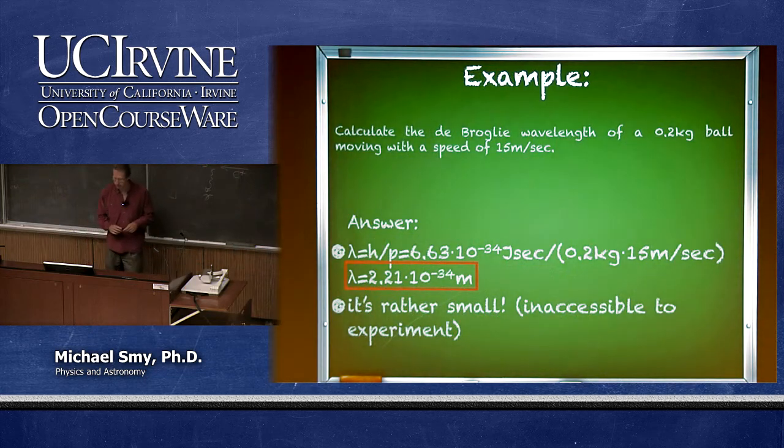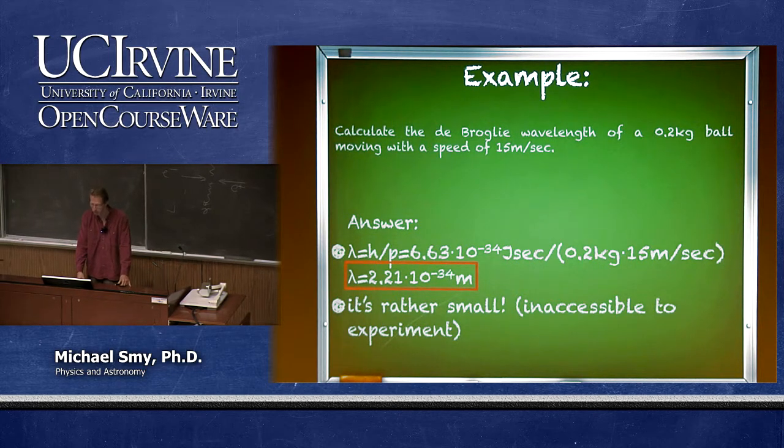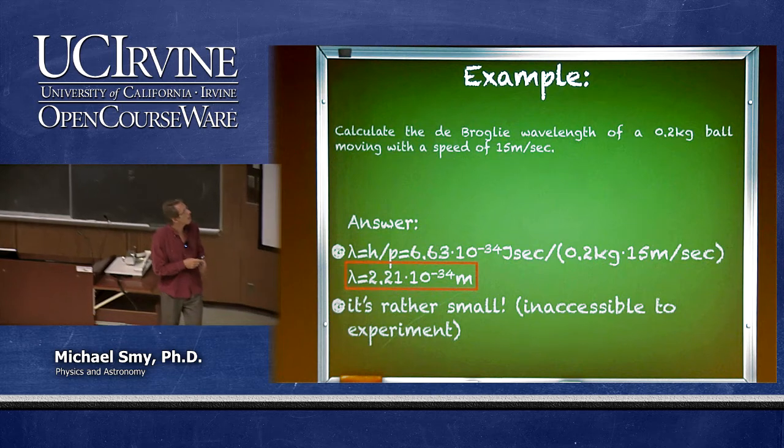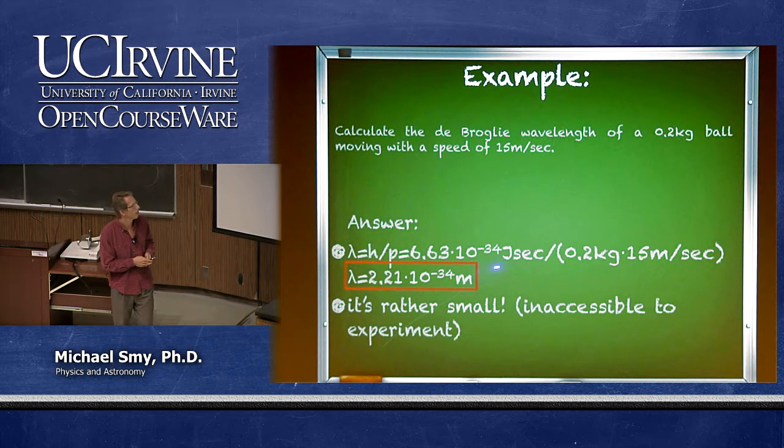So let's look at an example. Let's say we have a 200 gram or 0.2 kilogram ball that is moving with a speed of 15 meters per second. What is the wavelength of that ball? And we use the relationship between wavelength and momentum. This is the Planck constant, this time again in joule seconds.